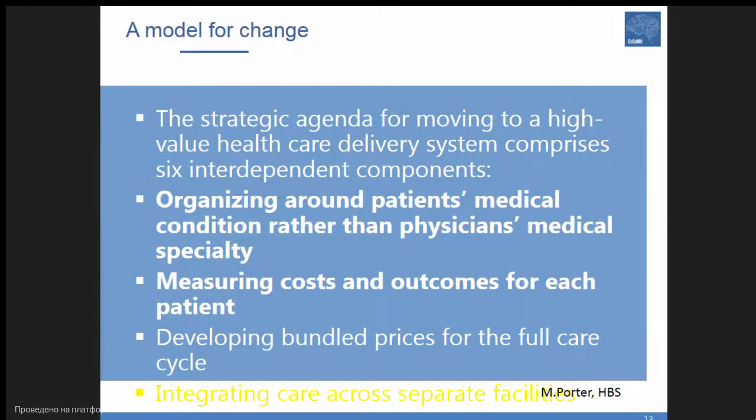So according to Michael Porter, the model for change, for transitioning from quantity to quality measurement, includes 6 major components.